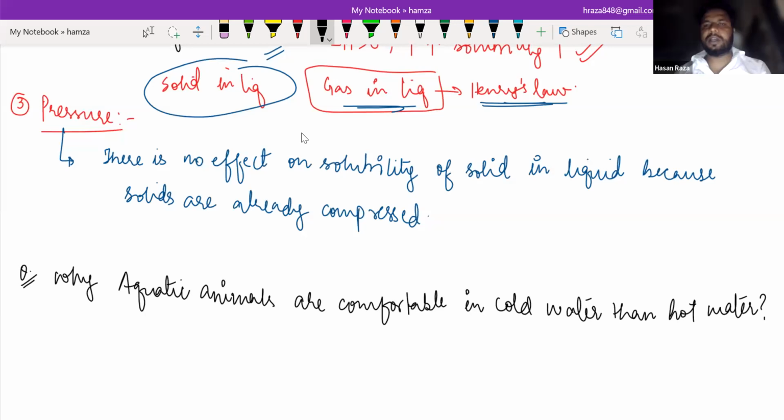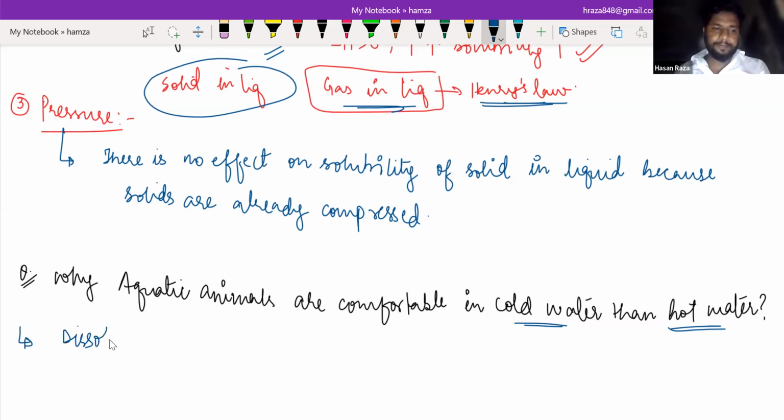Aquatic animals are more comfortable in cold water or in winter as compared to summer or hot water. Why? Because dissolution of gas in liquid is an exothermic process, and in exothermic process, when temperature increases, solubility decreases. That's why it is not comfortable for aquatic animals to live in hot water. So I'm going to explain it.